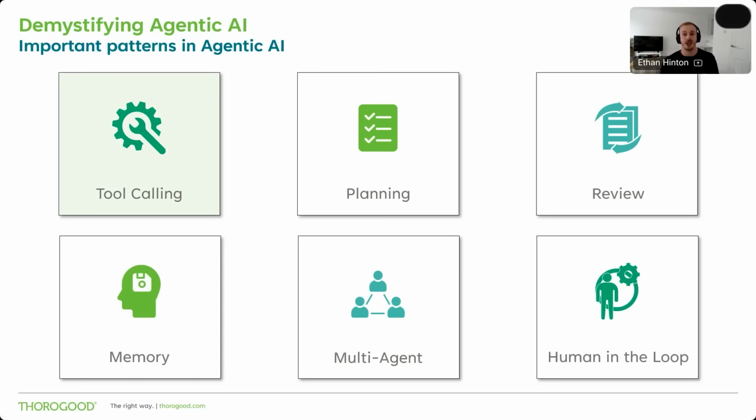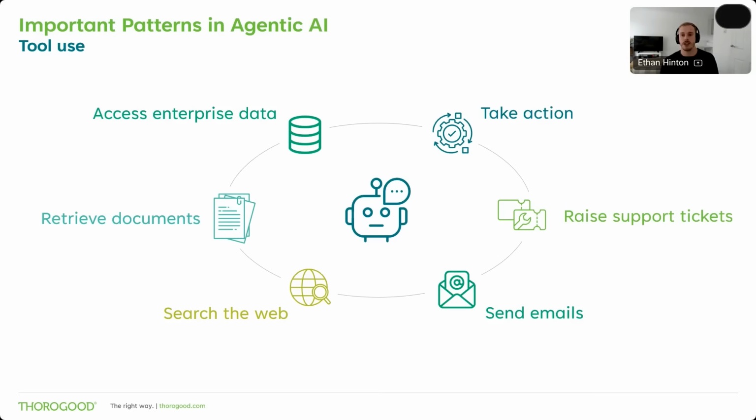So the first and arguably most important pattern is tool calling. Tool calling is a usage pattern which allows the orchestrator model to lean on any number of predefined tools to perform actions that enhance the agent's capabilities. Tools generally fall into one of 2 categories. So they're either used to retrieve some contextual information for the orchestrator to help it with further actions.